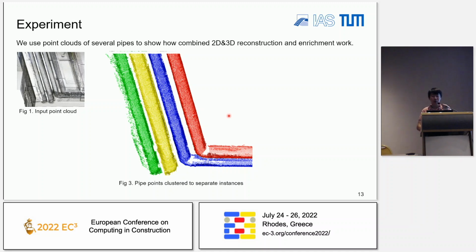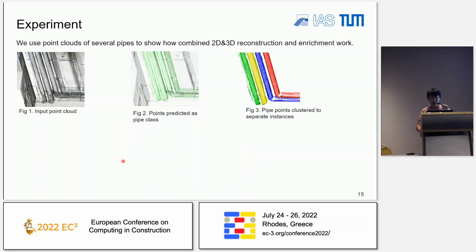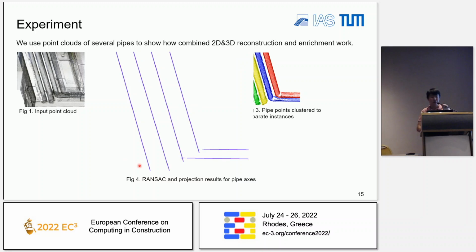Then the predicted points of pipes are further clustered into different instances using the region growing method. Here, different colors represent different pipe instances. Then RANSAC is applied to fit cylinders to different instance clusters. What you can see here is the cylinder axis computed by RANSAC.